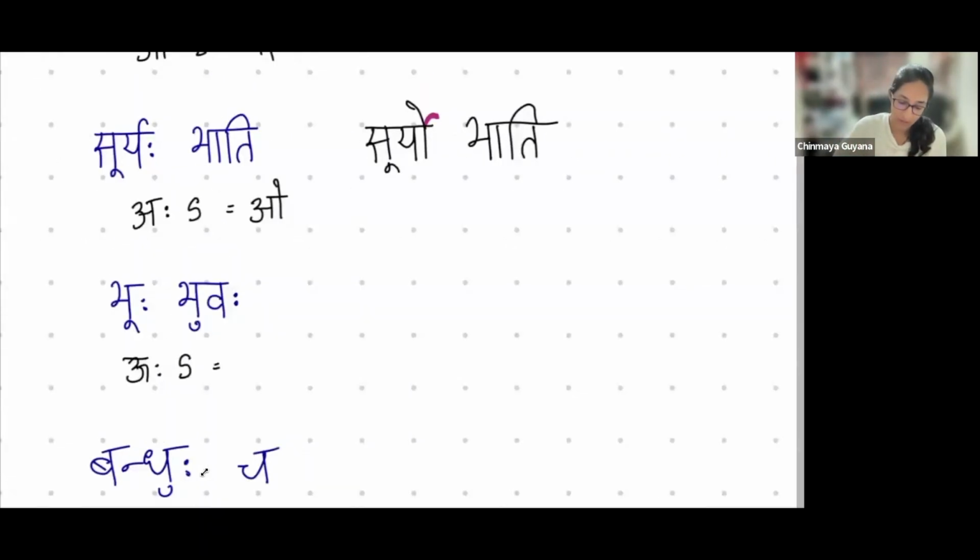It becomes a rahalant. So the visarga in bhuhu is going to become rahalant. So it's going to become bhur bhuvaha. Bhur. Now where's the rahalant going to go? You have to write the next syllable, then you have to put the rahalant. Bhur bhuvaha.